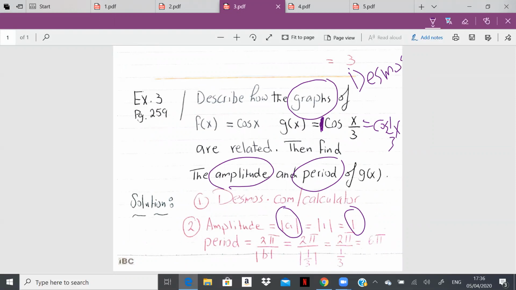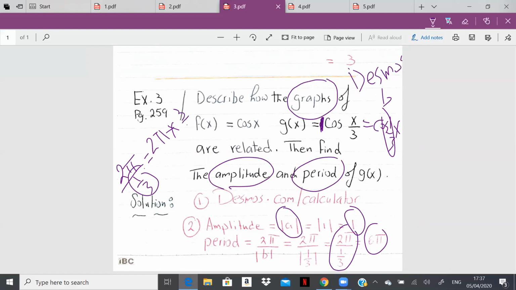So the value of B equals 1 over 3. So 2 pi over 1 over 3 equals 6 pi. You're going to ask me how. Okay, 2 pi divided by 1 over 3 is the same as taking the reciprocal, times 3 over 1, which equals 6 pi. Okay.